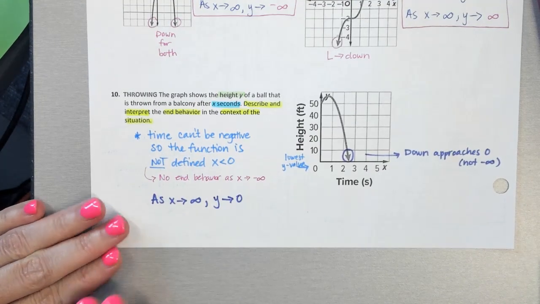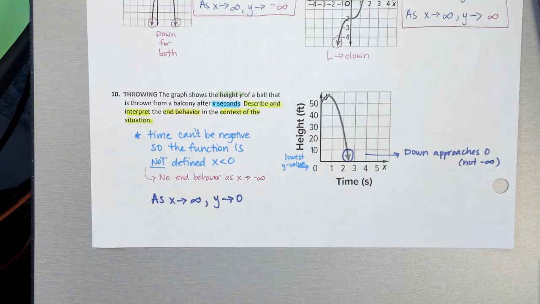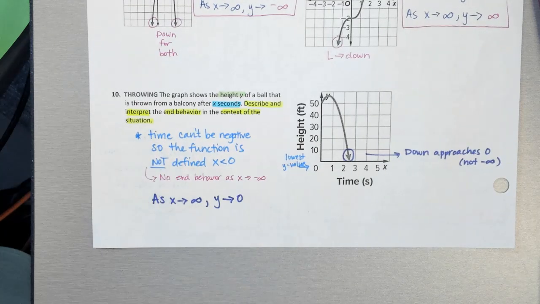So we're going to write y approaches 0. This is going to be our end behavior, and now we are going to interpret that. This was our end behavior that we described, and now we're going to interpret that in context.